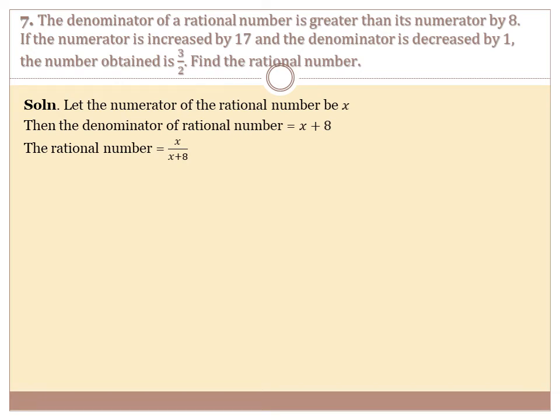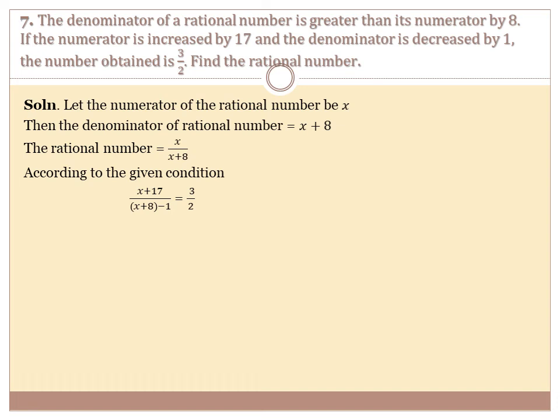Then some more conditions are given here for expressing the equation. If the numerator is increased by 17, that is x is going to increase, x + 17, and the denominator is decreased by 1, that is x + 8 is decreasing by 1, that is x + 8 - 1.